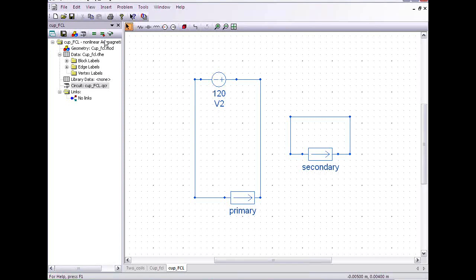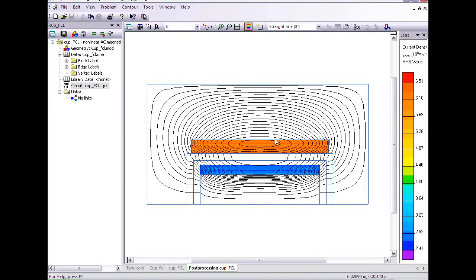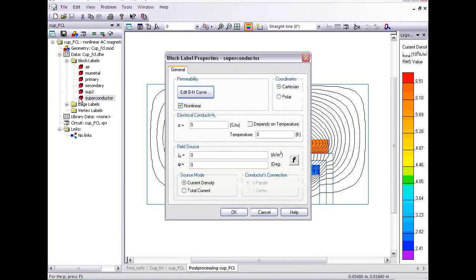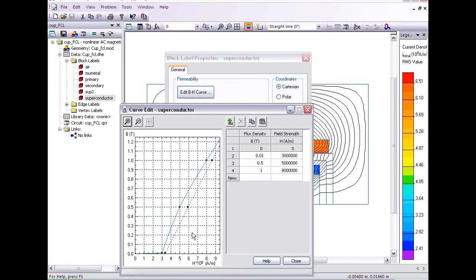So the problem's already been solved. I want to look at the solution here. Okay. Now in this case, the superconductor model is a nonlinear superconductor, so we have nonlinear VH characteristics of the superconductor.